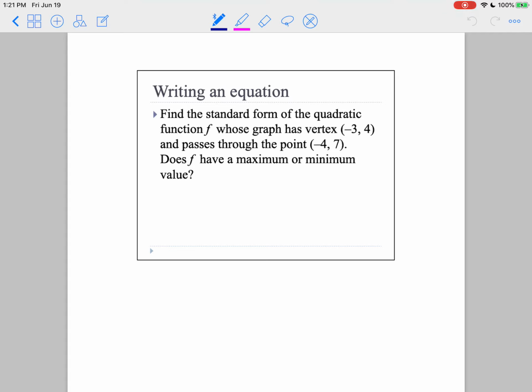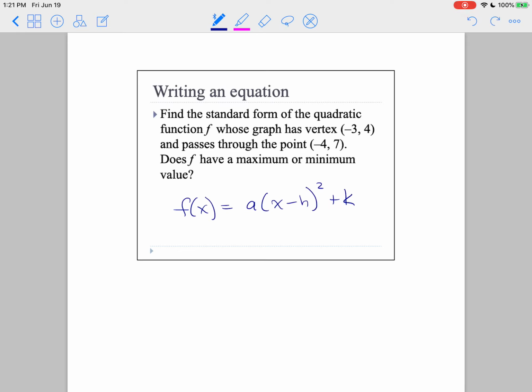So we're going to start by writing an equation in standard form. We're given the vertex, (-3, 4), and we're given another point that the function goes through. So, standard form, let's just write it down. This is what it looks like. Notice how the negative is built in to the equation here.